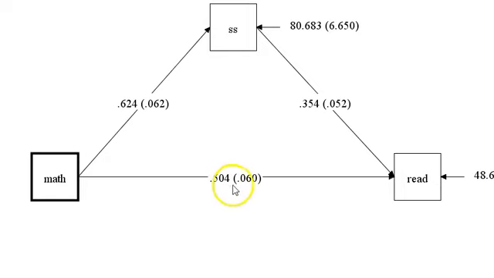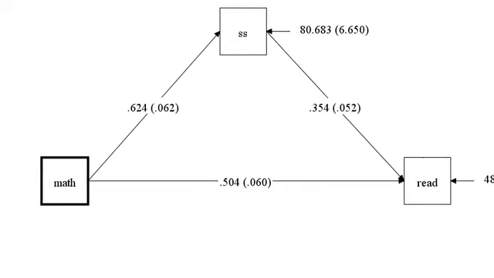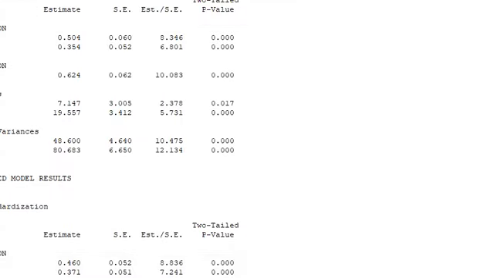Those numbers represent the coefficient and the standard error. Move this over, and that is the residual variance, which in this particular module we haven't talked about at all. All right, so there you are with the diagram.